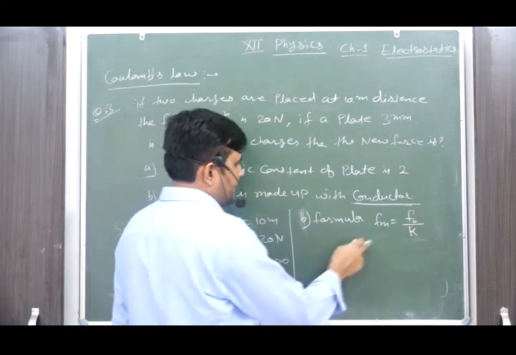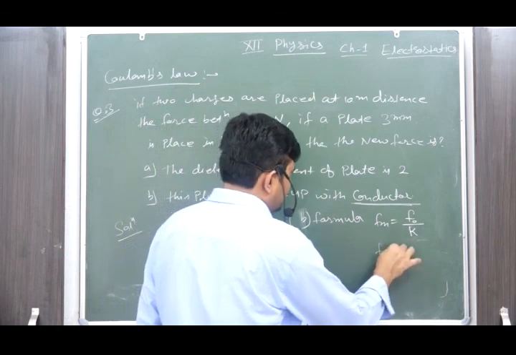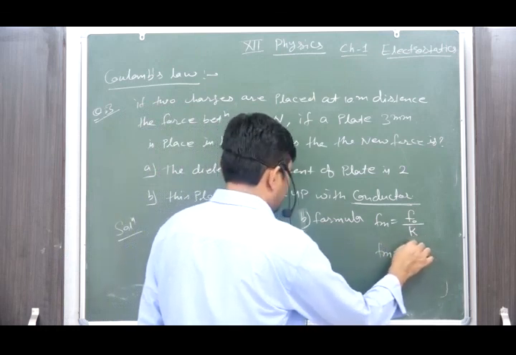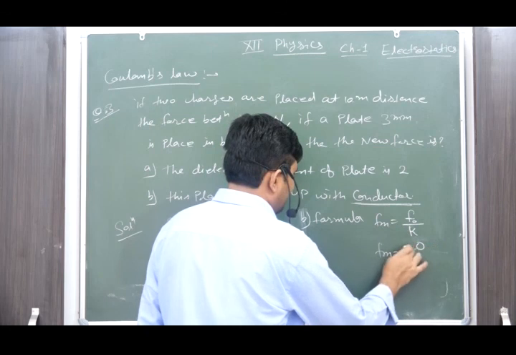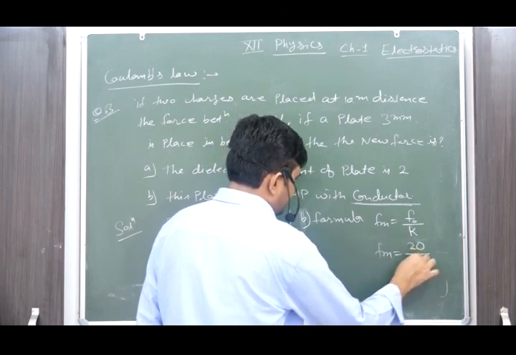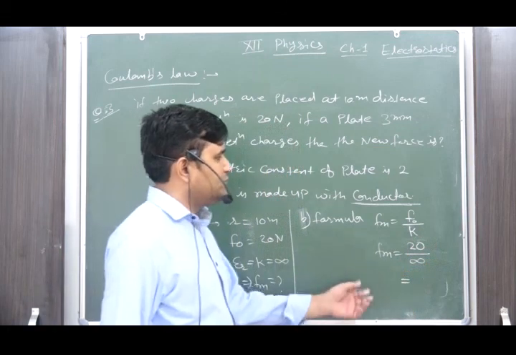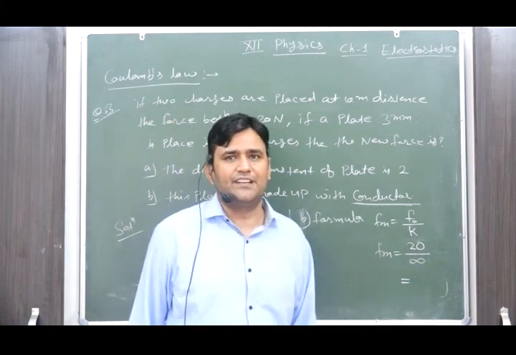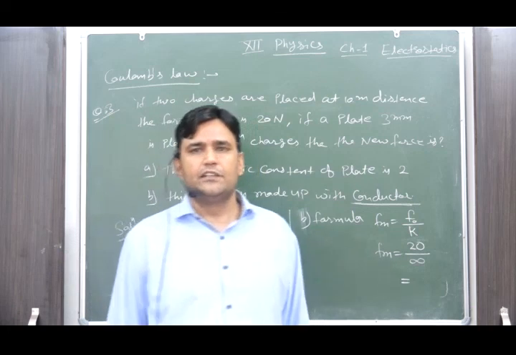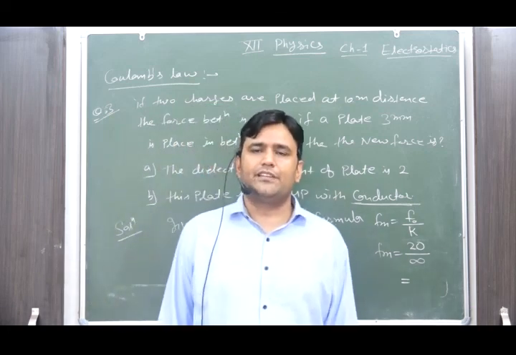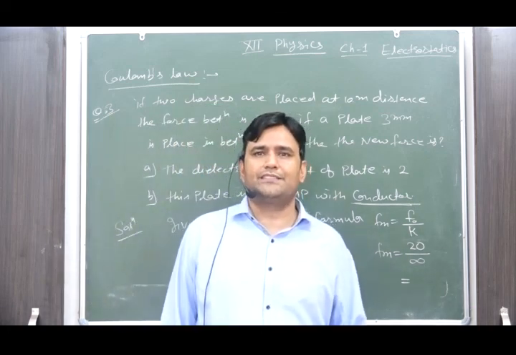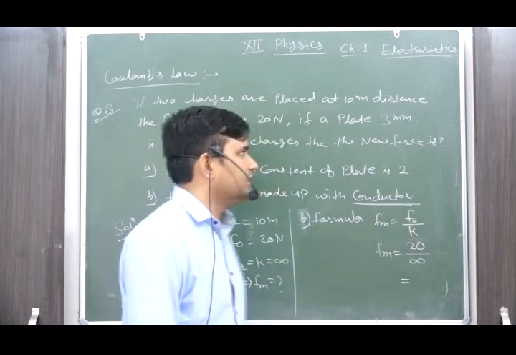That's why in the formulation, Fn equals 20 Newton divided by infinite. For the mathematics students it is quite easy, but for the biology students, so divide by infinite. There is no issue, infinite is placed in terms of 1 upon 0.